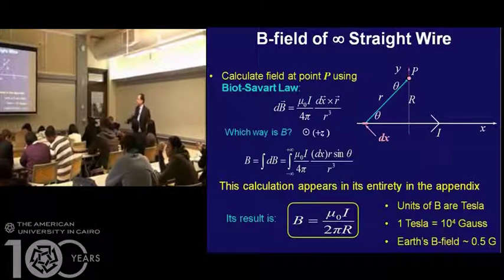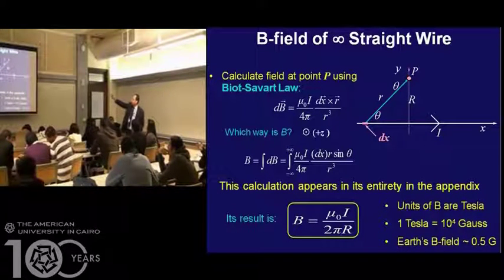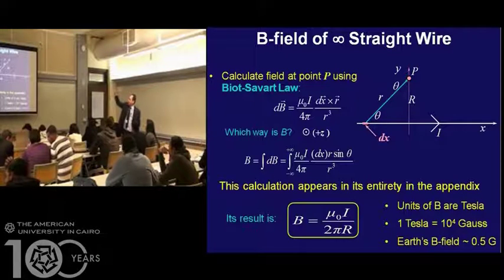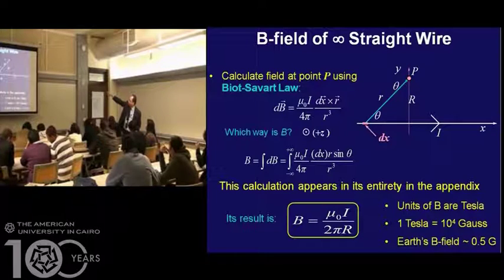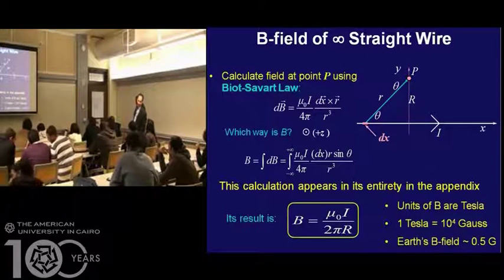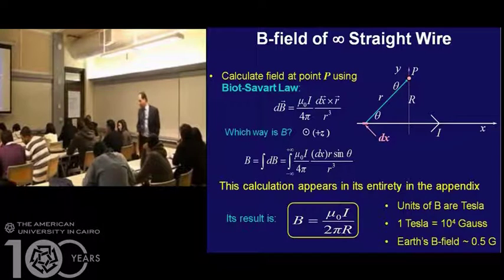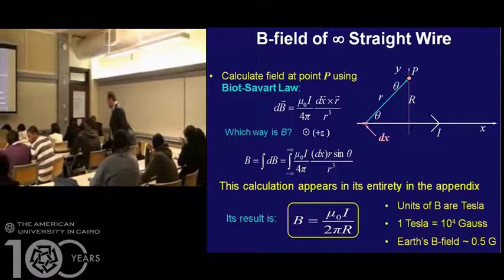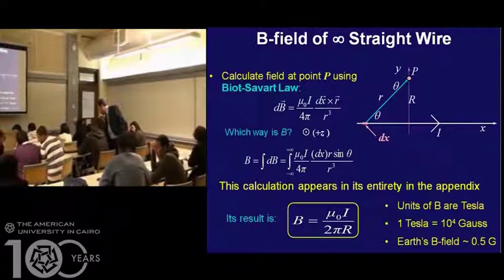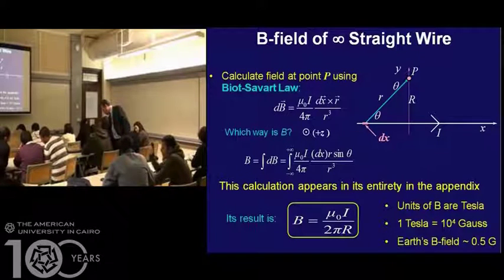From zero, yes. If that element dx is at negative infinity, then you can see that theta is 0. The angle between r and x is 0, and that angle here is going to be 180. R will cancel with the cube, so it's going to be r squared.